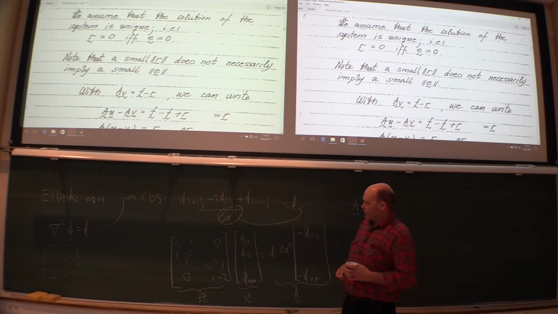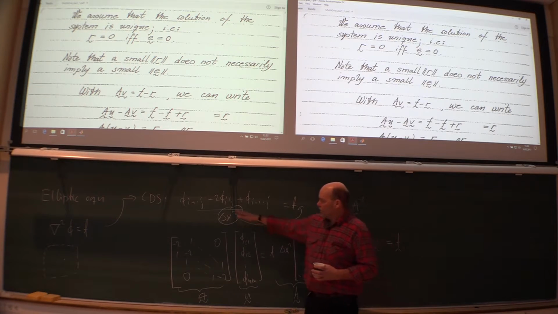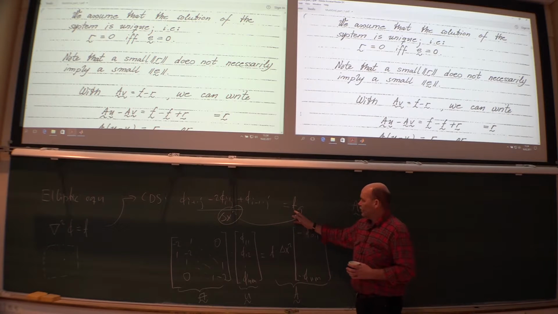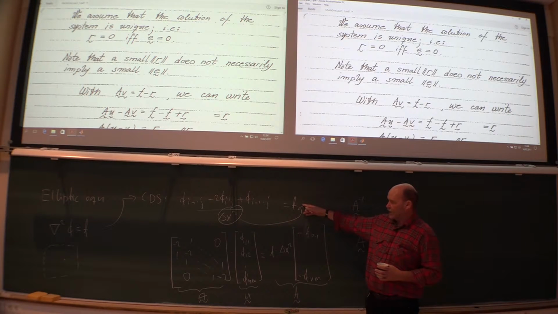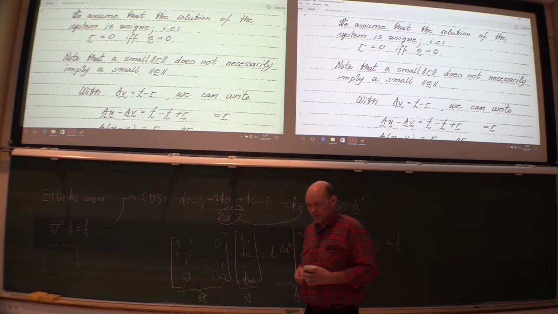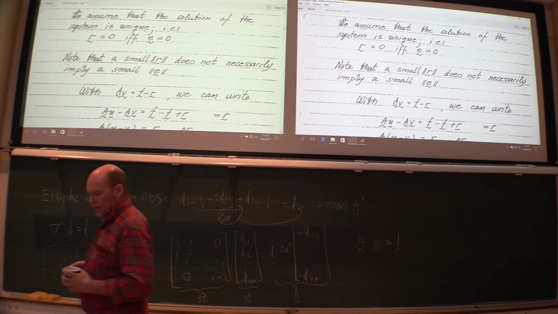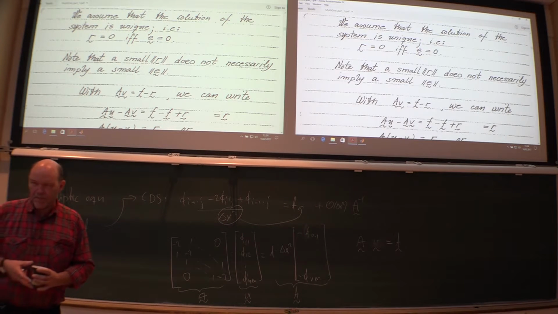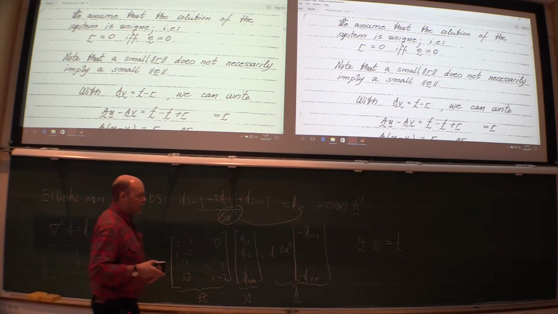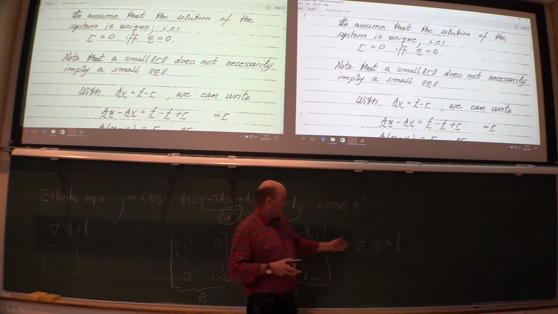What does the equation system say? Well, you have the double derivative equal to a right-hand side, and then the error, the higher order terms will be of order delta x square. So initially, before you even begin, you have an error given by the order of your numerical scheme.